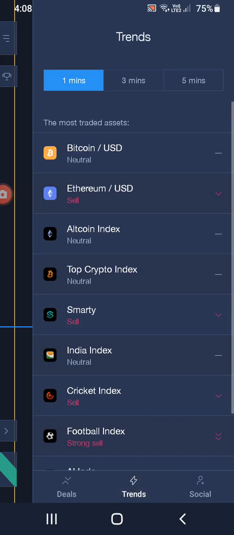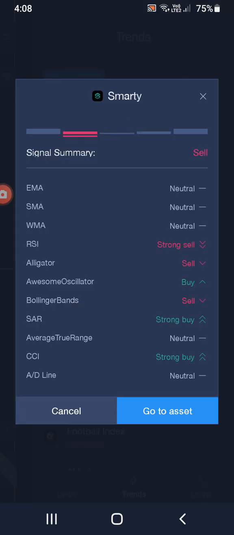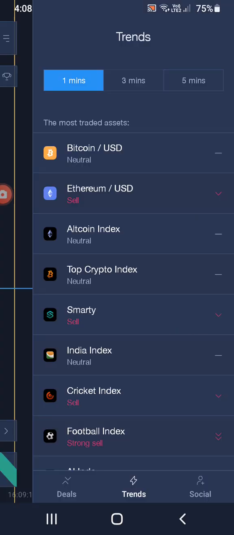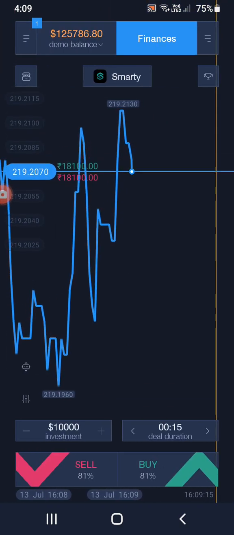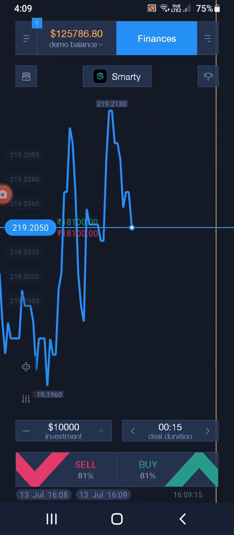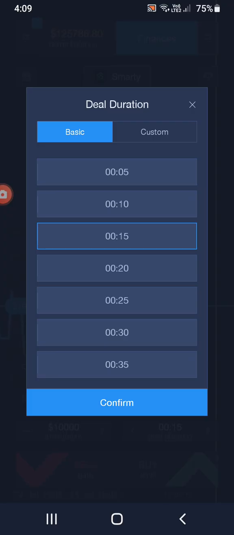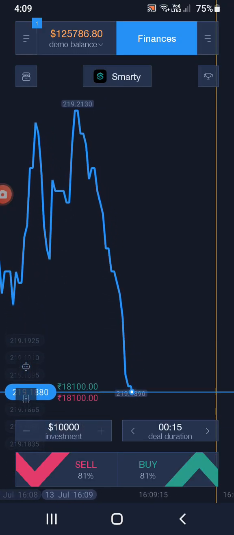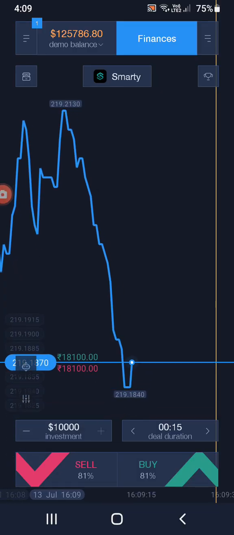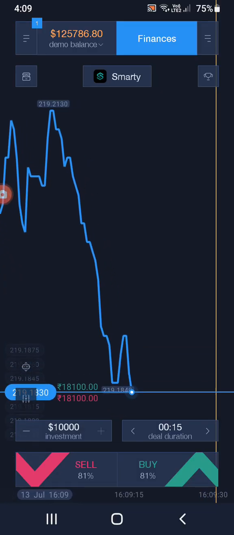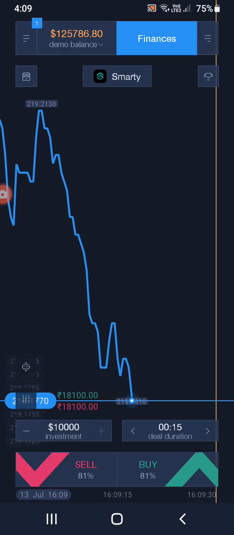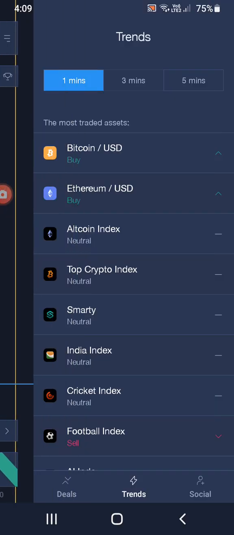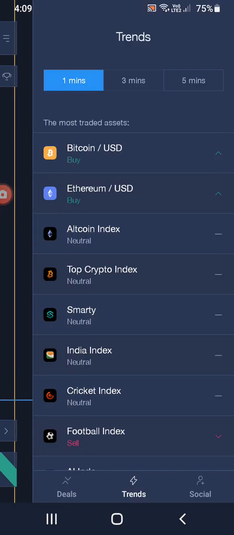And when I click the trends, I see Smarty is in a sell mode. So right now let us take a trade in the reverse direction, that is the buy mode, using a 15 seconds duration. Right now it's coming down, so we'll have to hit the buy button when the market goes up.